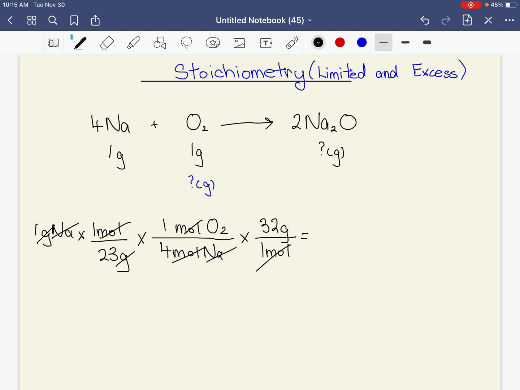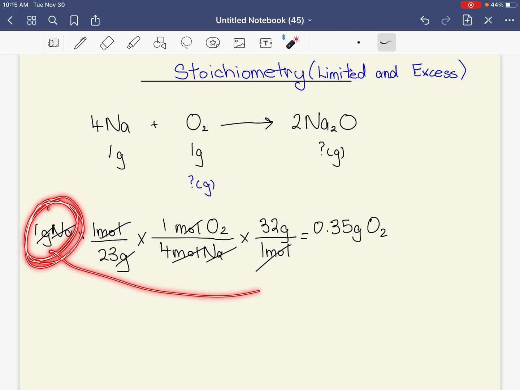So 1 divided by 23 divided by 4 times 32, and that would be 0.35 grams of O2. So, a midway conclusion: if I have 1 gram of sodium, I need at least 0.35 grams of oxygen for this reaction to go to completion.